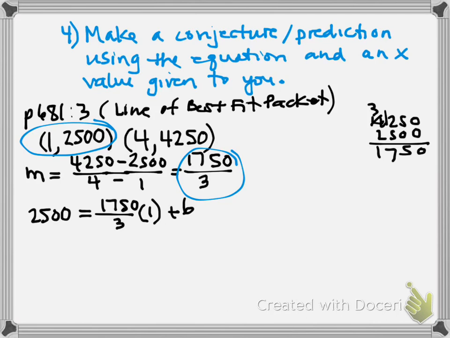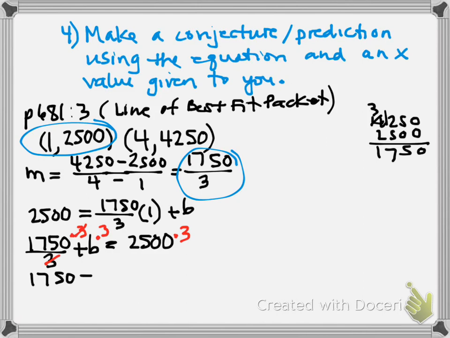So I'm going to go ahead and use symmetric property, and I get 1,750 thirds plus b equals 2,500. Now I think more than ever, I definitely want to get rid of the fraction. So I'm going to multiply the entire equation, each term, by the denominator of 3. That's going to make that go away, leaving me with 1,750 plus 3b equals 7,500. And then I keep solving for b.